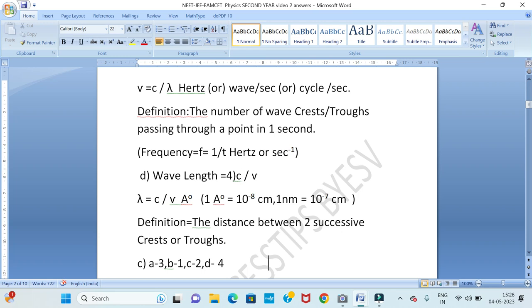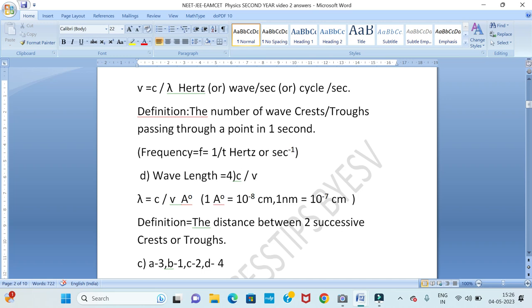Wavelength is the distance between two successive crests or troughs. What is a crest? The waves are going up and down. The up part is the crest, the depression part is called the trough.